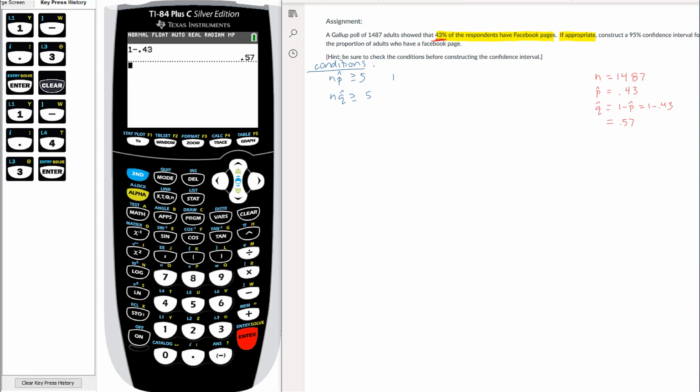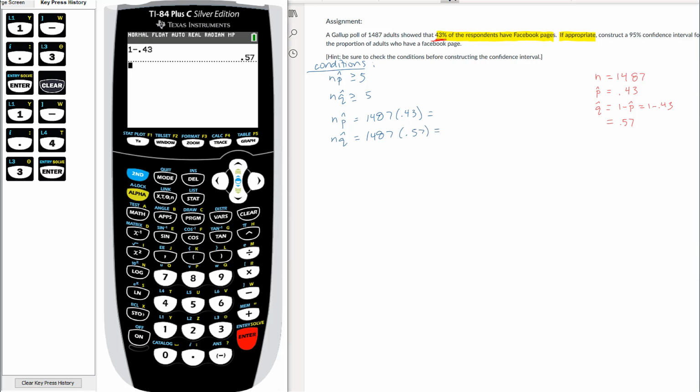Let me actually write out the formula. So n times p hat is equal to 1487 times 0.43, and n times q hat is equal to 1487 times 0.57.